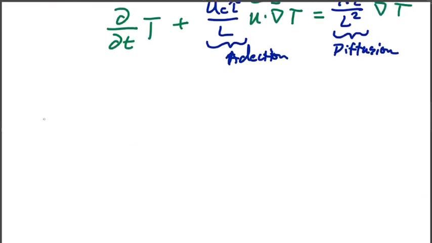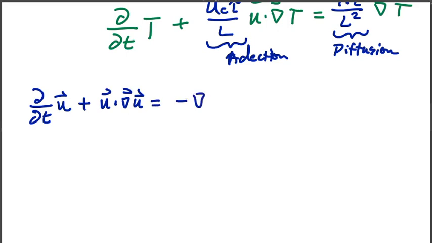So for our momentum equation, writing things down, we've got d by dt of u plus u dot grad on u, and this is equal to minus grad on our reduced pressure pomega, minus alpha, well, let's make this plus alpha g scalar T in the z hat direction plus a nu del squared u.